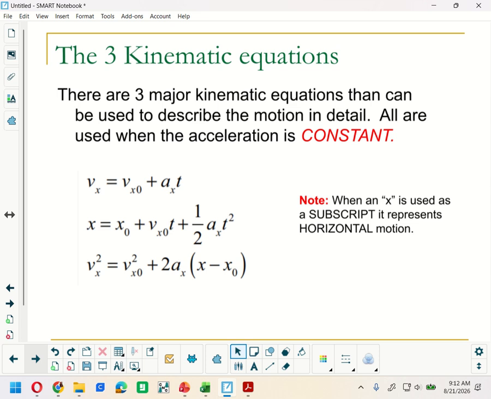Acceleration has no change. So if acceleration has no change, that means my velocity could change. So if my acceleration is positive, that means my velocity is increasing over time.